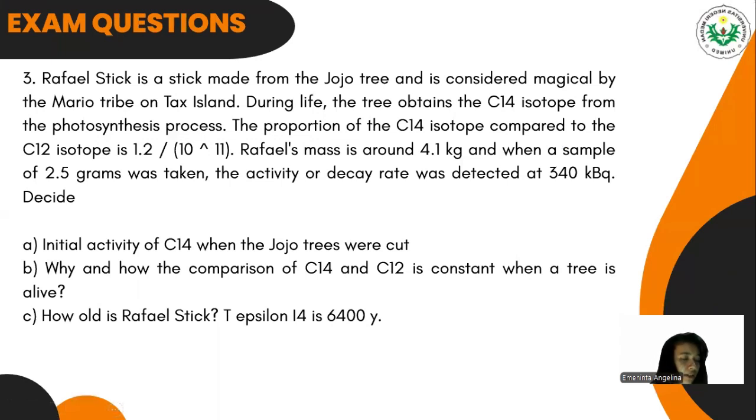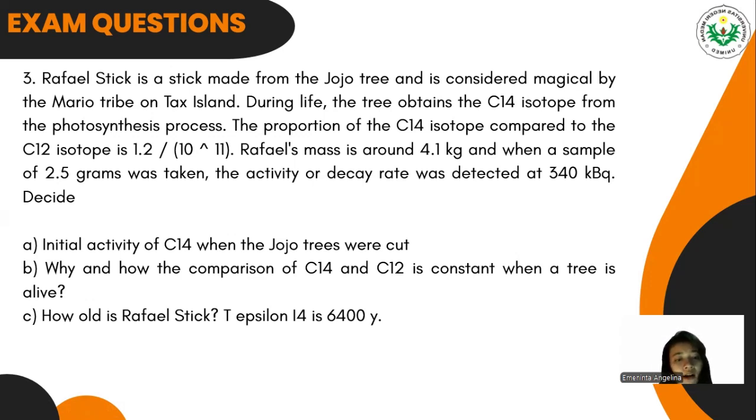Next, we continue to the exam question number 3. The Raphael stick is a stick made from the Jojo tree and is considered magical by the tribe on Tax Island. During life, the tree obtains the C-14 isotope from the photosynthesis process. The proportion of the C-14 isotope compared to the C-12 isotope is 1.2 over 10 to the power of 11.